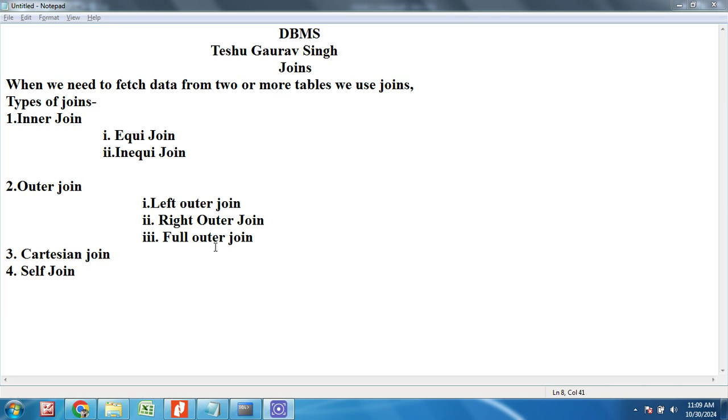Examples of inner join are equijoin and inequijoin, and examples of outer join are left outer join, right outer join, and full outer join. Okay, now what is Cartesian join?